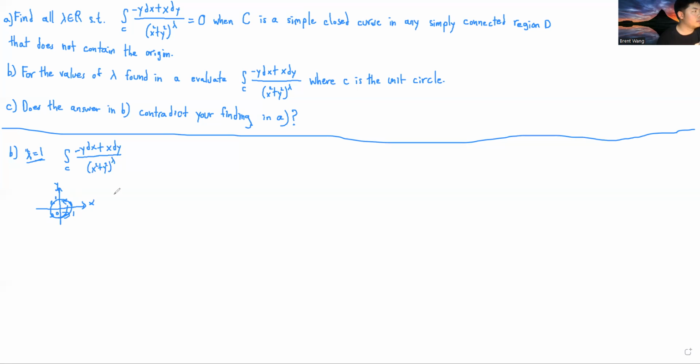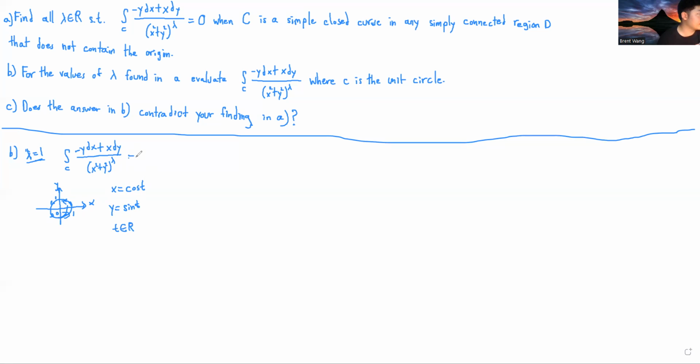Okay, so x is equal to cosine t. Use the parameter t, where t is a real number. y is equal to sine t. And from the unit circle, a full revolution of the unit circle is from 0 to 2 pi.